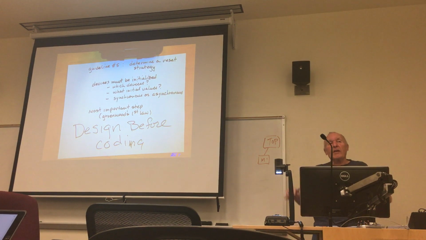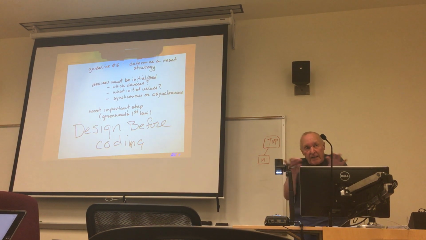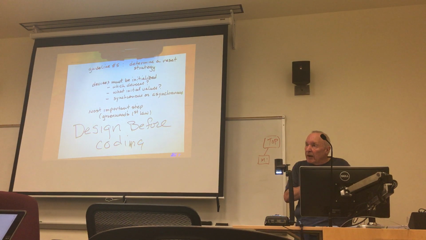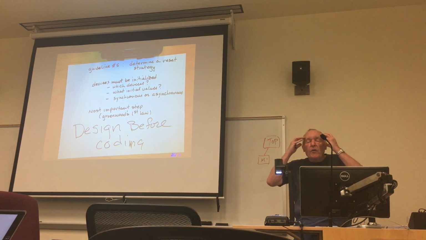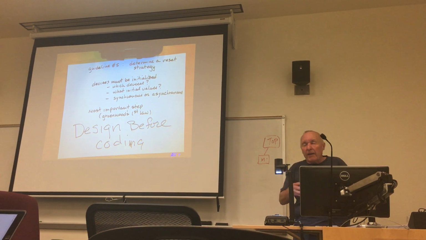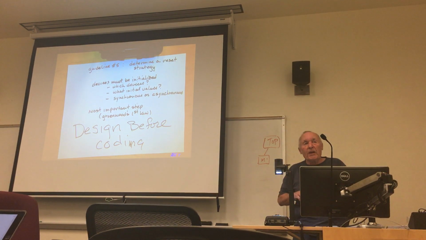Before you sit down, you have your hands poised above that keyboard, ready to start writing those modules, you need to back up and start applying some of the guidelines we've just talked about. Design before coding. Figure out what your design is supposed to look like. Determine the control path, the data path, figure out some way of generating those command and control signals that you're going to need, develop a reset strategy, and then you should be ready to start writing that code.